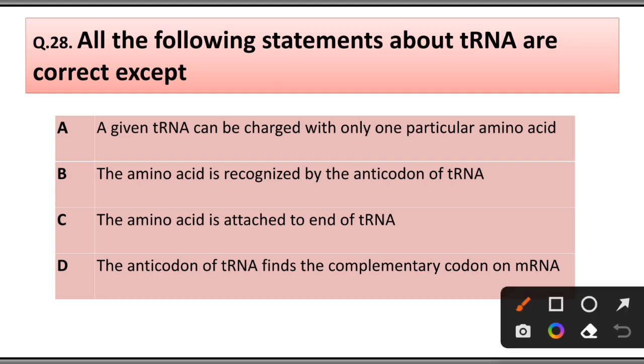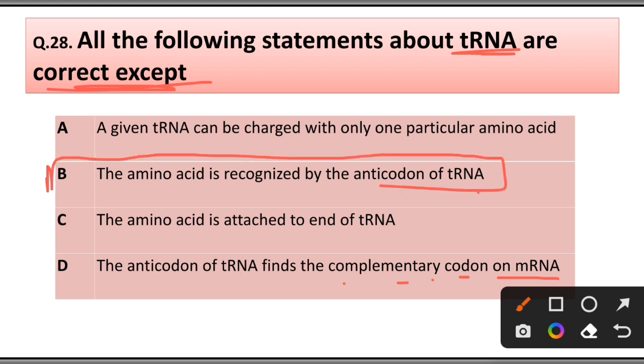All of the following statements about tRNA are correct except: a given tRNA can be charged with only one particular amino acid; the amino acid is recognized by the anticodon of tRNA; the amino acid is attached to the 3' end of tRNA; the anticodon of tRNA finds the complementary codon of an mRNA. Correct answer is option B. The amino acid is recognized by the anticodon of tRNA.